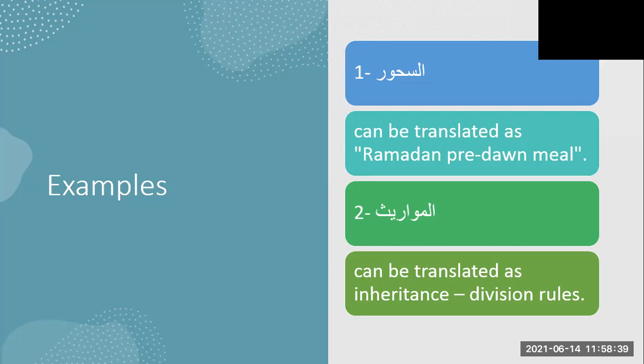Inheritance division rules. In this way, we coined two words to convey the meaning of al-mawarith. This is the meaning of coinage, combining lexical items to convey the new meaning. And of course, combining lexical items is not haphazard, ليس عشوائي.